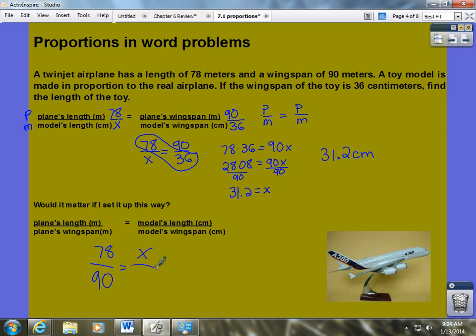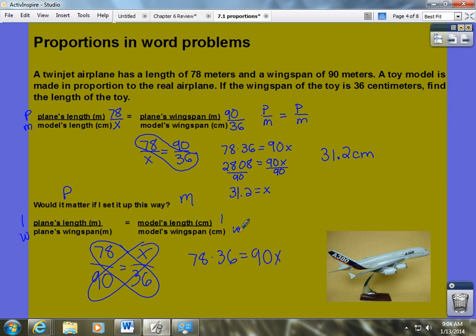Well, I still have, when I cross multiply, 78 times 36 and 90 times X. Okay, so I still have the same thing. So it doesn't make a difference if I want to have all of the plane with the length and the wingspan, and then all of the model with the length and the wingspan, because they're still going to be set up exactly the same.